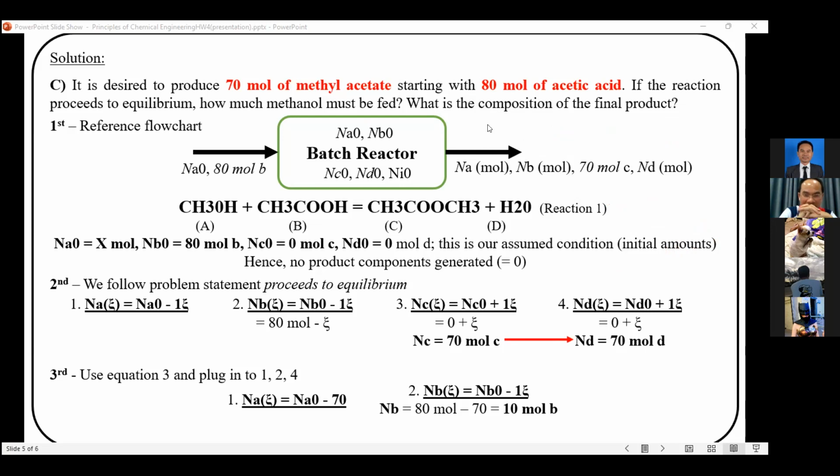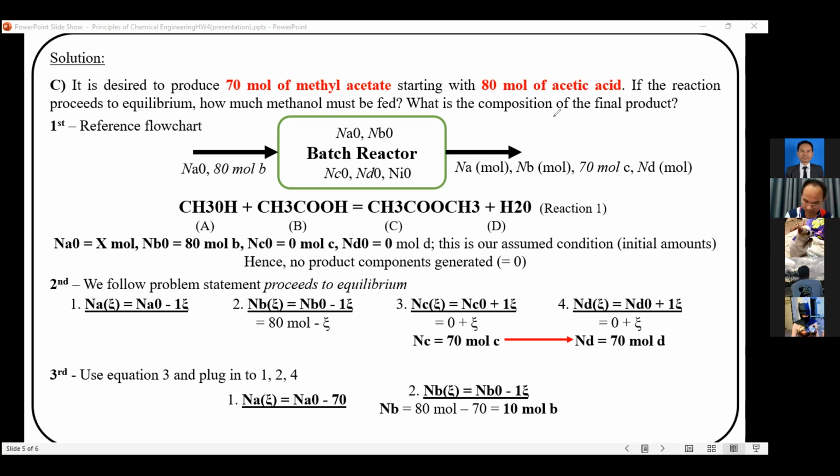For this case, the inlet NB is 80, the outlet is... it should not be 70, it should be 80 minus 10.